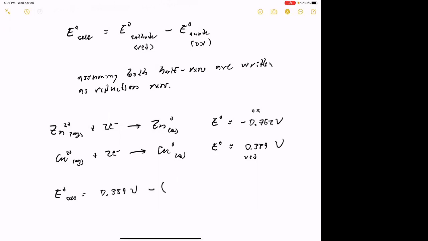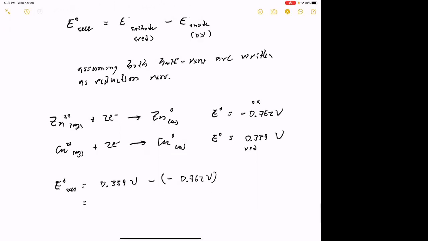So that's going to be minus a minus 0.762. Basically we end up adding those together, the negatives cancel, and you get 1.101 volts for the cell. So under standard conditions, that electrochemical cell that we've defined before with the zinc and the copper is going to give you about 1.1 volts. And notice that it's a positive voltage. If you see a positive voltage, that's going to be spontaneous.